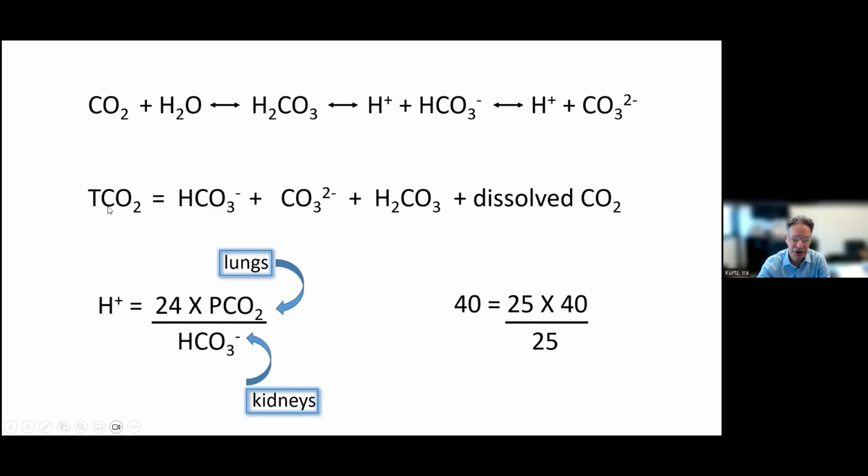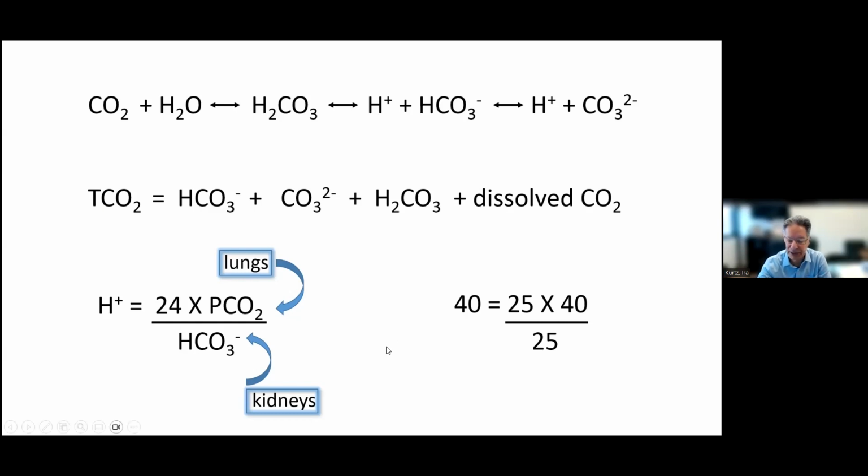The other reason for not calling it bicarbonate is the bicarbonate concentration may be 24, but you might have much more dissolved CO2 in the blood because the patient has a severe respiratory acidosis, in which case the total CO2 will go up, not because the bicarbonate went up, but because you have a severe respiratory acidosis. So to call this bicarbonate in that sense is even further wrong.